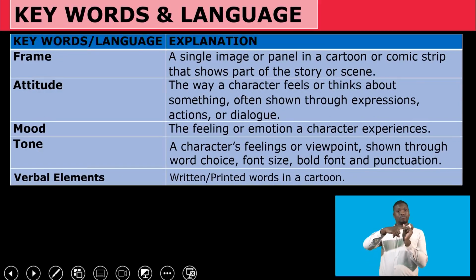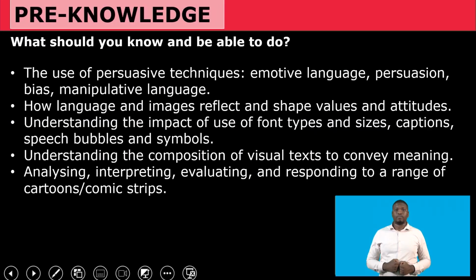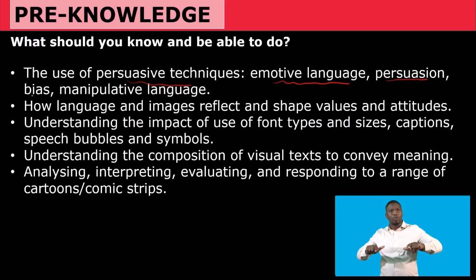Keywords that you should be aware of during this lesson include frame, attitude, mood, tone, verbal elements. What should you know and what should you be able to do? The use of persuasive techniques like emotive language, persuasion, bias, and manipulative language.